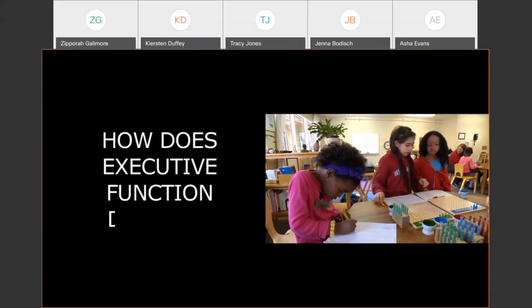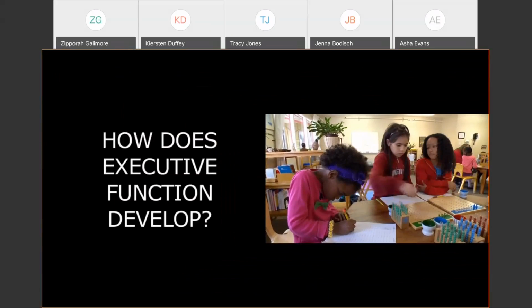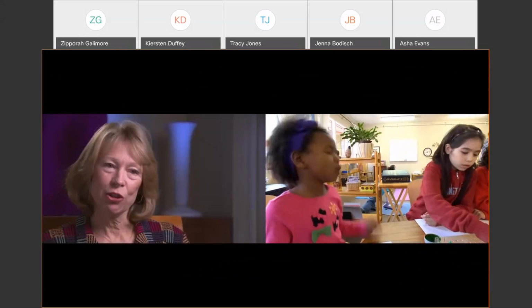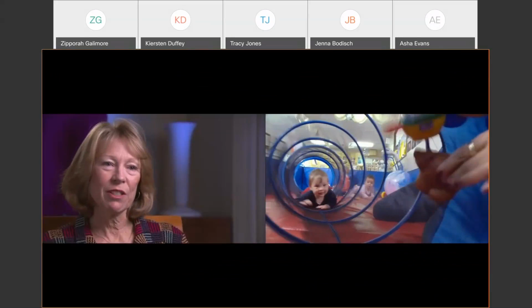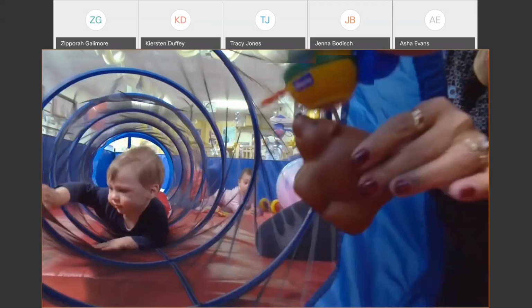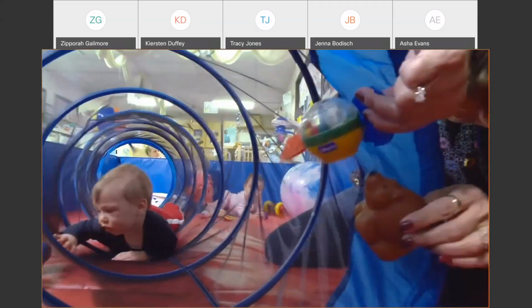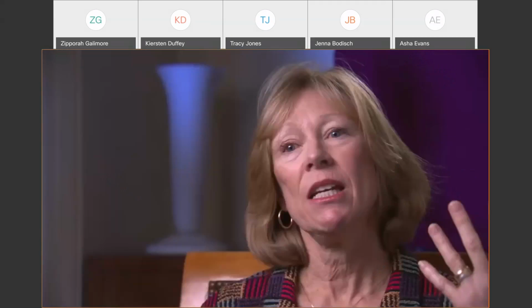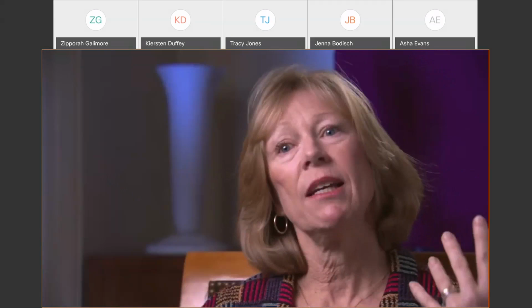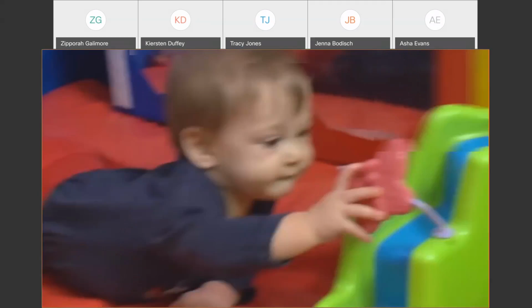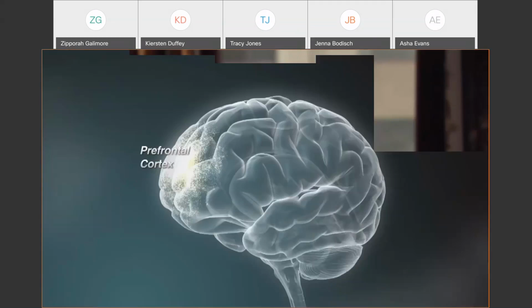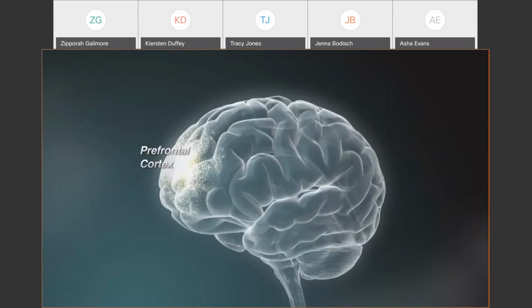How does executive function develop? In little children, and even in the infant and toddler years, you begin to see the roots of executive functioning skills. What's going on in our brains is unbelievably intricate and complicated. The prefrontal cortex, or the front third of the brain, is important for executive function.